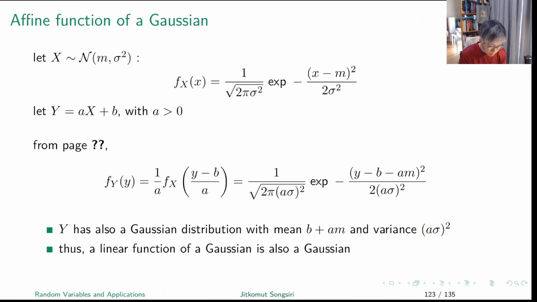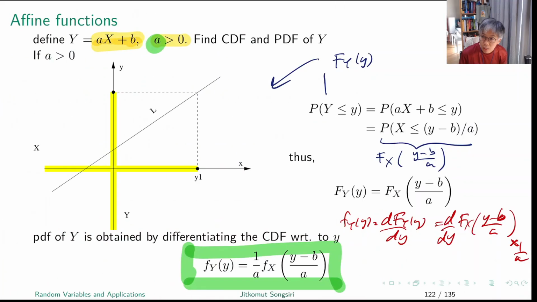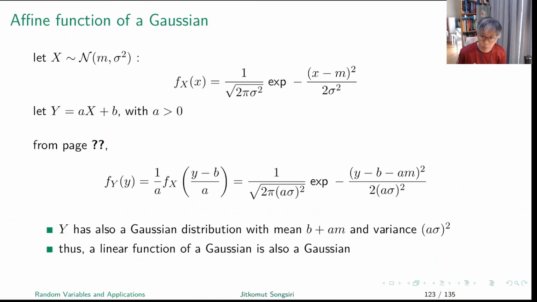Next example is the application of this. When you have an affine transformation, you have this nice formula in the green box. How about applying this result to the well-known Gaussian example? The setting is that we have x distributed as normal with mean m and variance sigma squared.